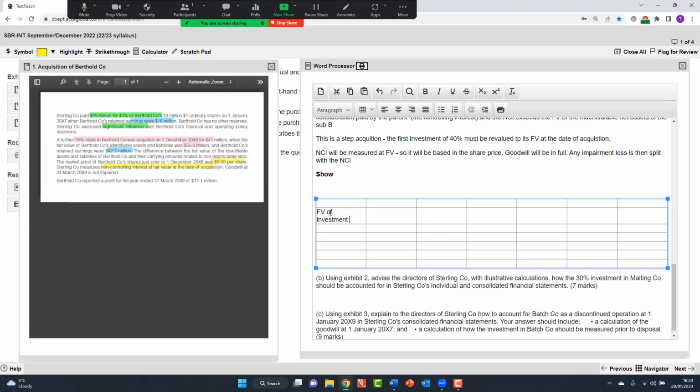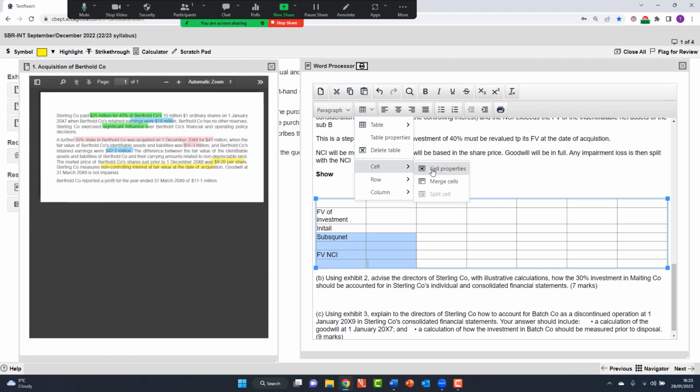And we then know that the fair value of the investment is to do with the initial investment, which is to do with the subsequent investment. We're then going to have the fair value of the NCI. And then we need a few more rows.